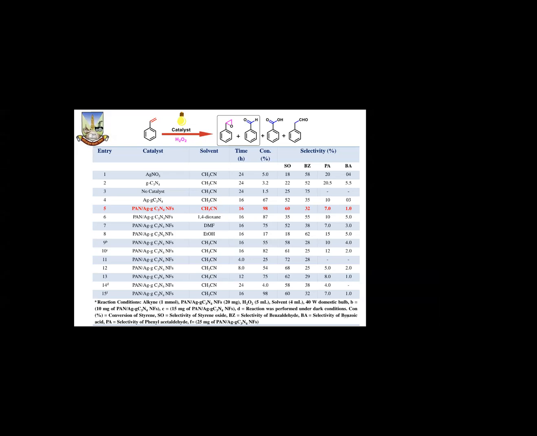Styrene oxide gives 60%, benzaldehyde gives 32%, while phenylacetaldehyde shows 7%, and benzoic acid is only 1%. Means this catalyst is very much selective for styrene oxide. It gives 60%.